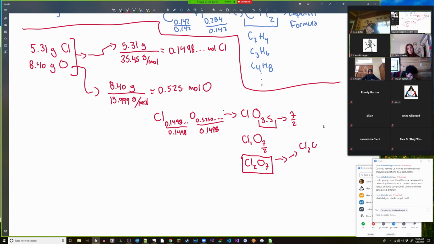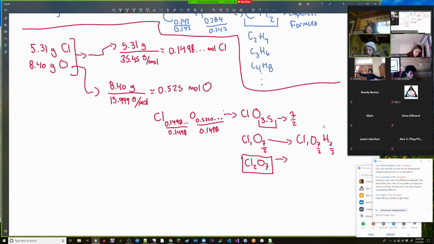So what if instead of this Cl1O7 halves, I had Cl1O7 halves, and then maybe an extra hydrogen 2/3. This is almost certainly not a molecule that would exist in real life. I'm just making up these numbers to illustrate a point.